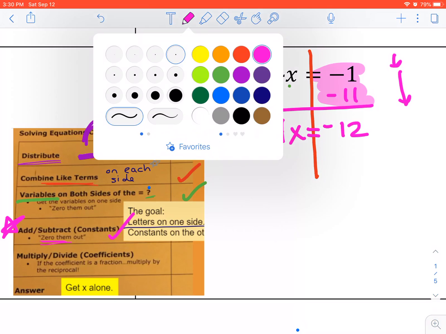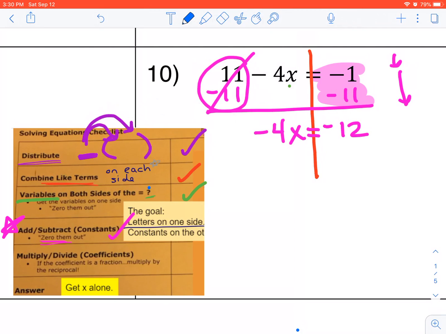The next step is that we are going to multiply and divide our coefficients. We're on the step that I just put a blue star next to. We are going to try to get our variable isolated. That means by itself. So we're going to do the opposite. Whenever a letter and a number are side by side, that means multiply. To undo multiply, we are going to divide.